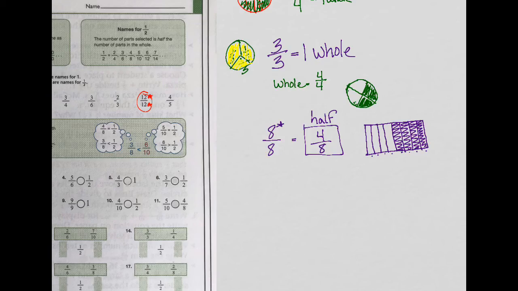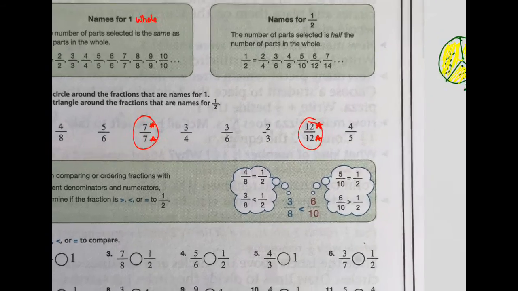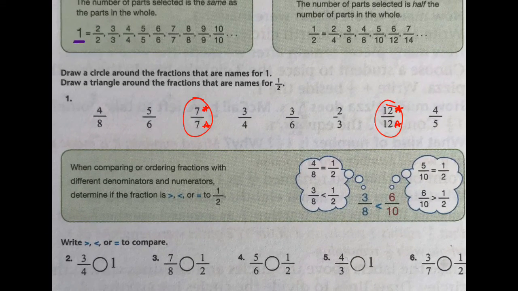So, let's go back to number 1. Now they want us to draw a triangle around the fractions that are names for 1/2. So basically you look at the bottom number and then you look at the top number. If the top number is half of the bottom number, then it's a name for a half. So in this case, yes, 4 is half of 8, so we would draw a triangle around that.